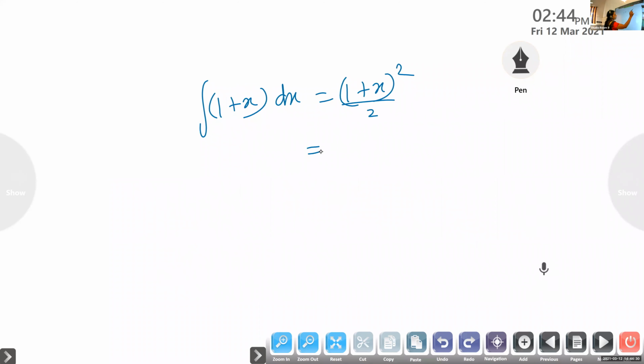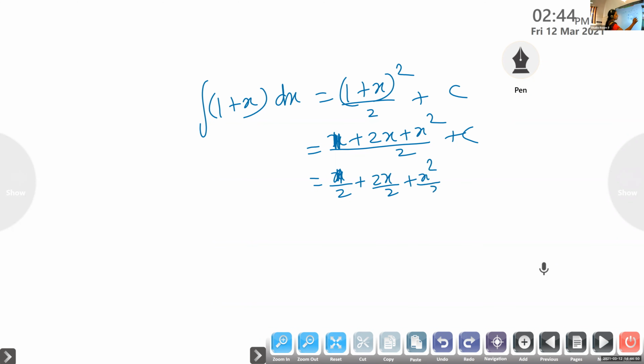Suppose I expand this, plus c is there. You will get 1 plus 2x plus x square by 2 plus c, that is 1 by 2 plus 2x by 2 plus x square by 2 plus c.